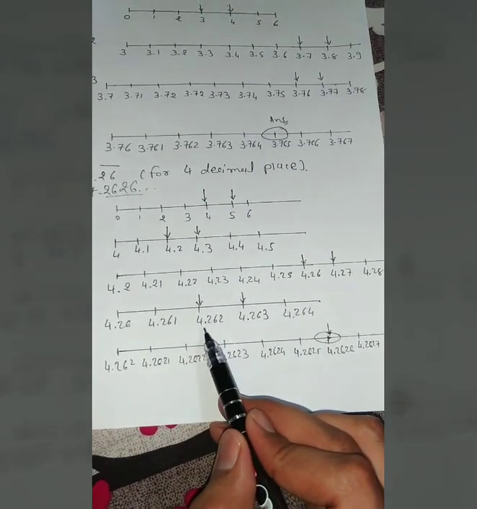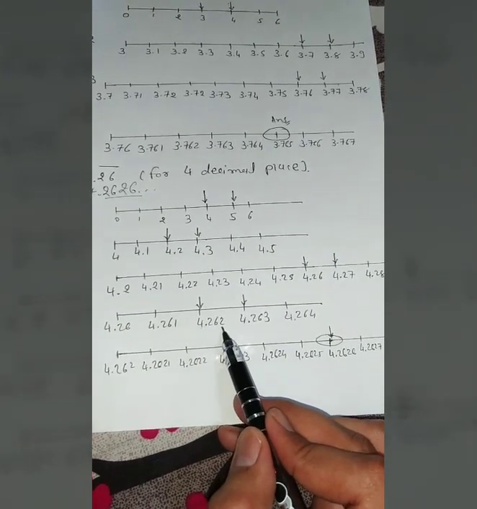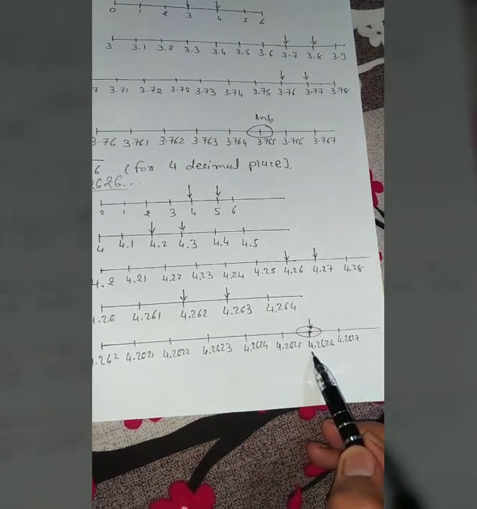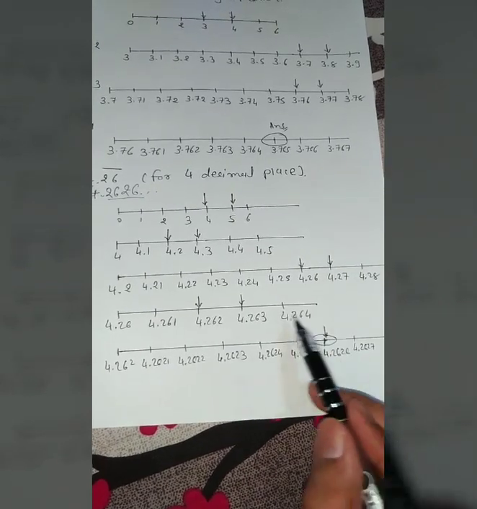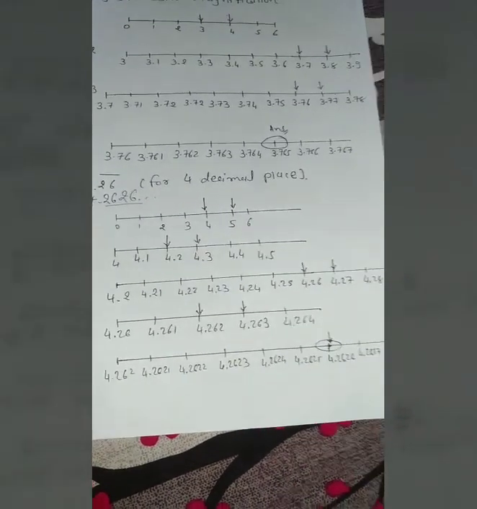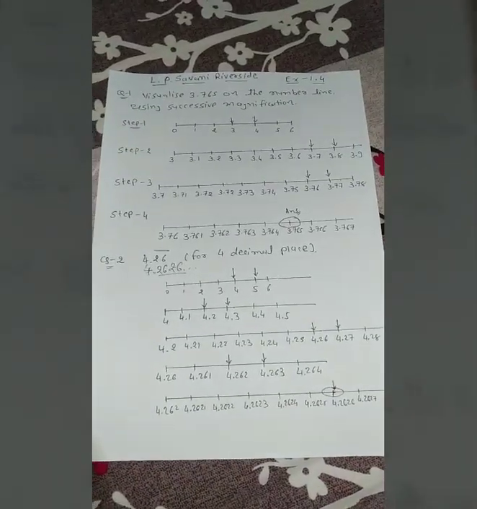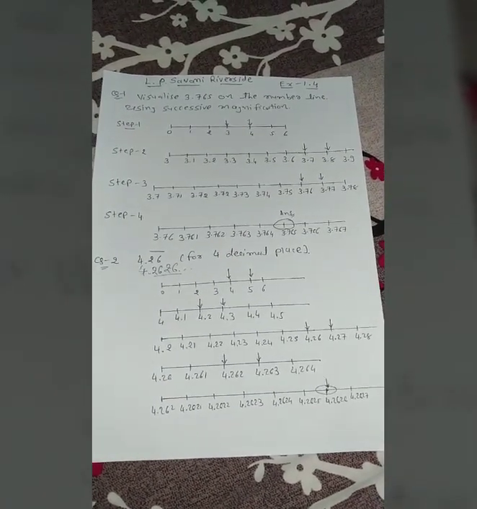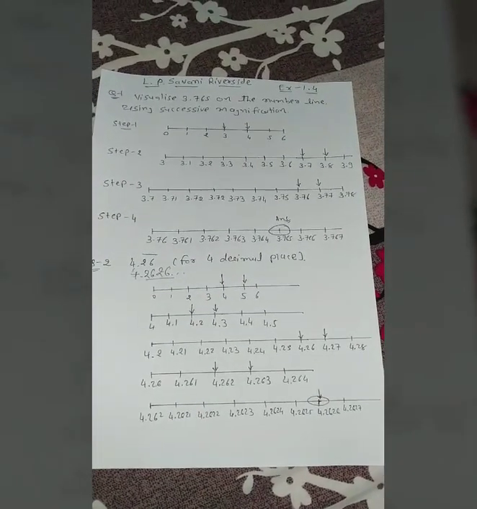So our third point is 4.262 and another one is 4.2626 on this number line. In this way you can find any number on the number line by using the successive magnification method. Thank you so much.